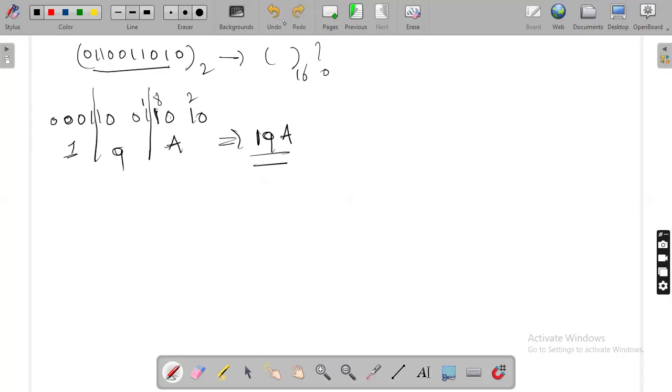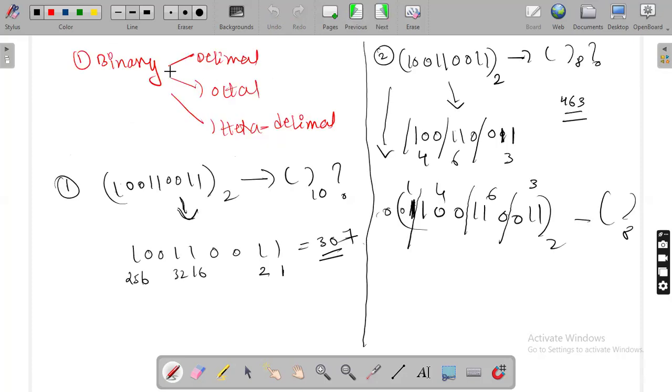So what happened here? We converted binary to decimal, binary to octal, and binary to hexadecimal. Now we'll convert decimal to binary, decimal to octal, and decimal to hexadecimal. Now we will focus on each number: first we are done with binary, next we'll take decimal, next octal, next hexadecimal.